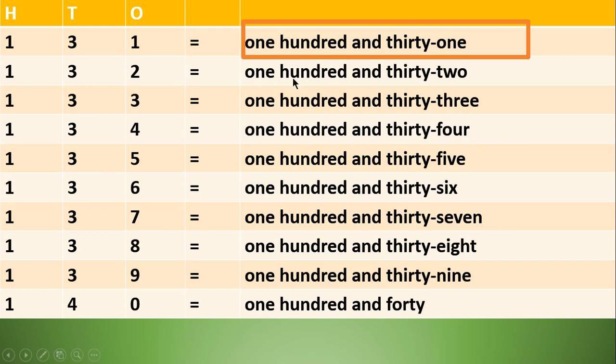So it is 132, 133, 134, 135, 136, 137, 138, 139, and then comes up 140. If you feel difficulty in any spelling, you can pause the video. Let's move on.